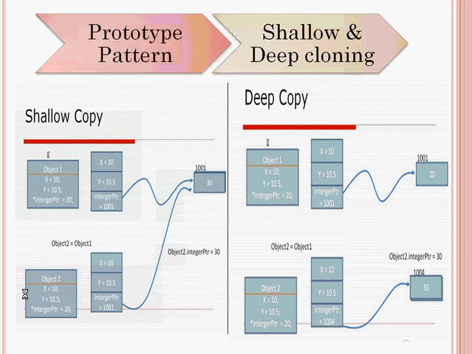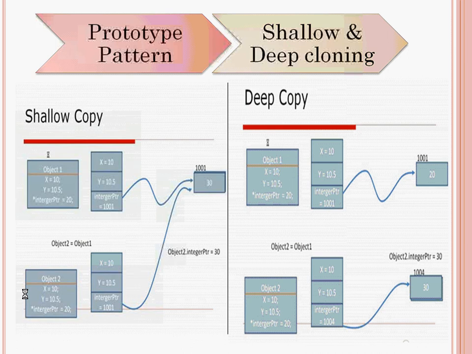For a shallow copy, you have object 1, and you have some members x, y, and a pointer member. That pointer has an address 1001 and it has a value 30, right? So when you make a new copy of it, it just does a bitwise copy.